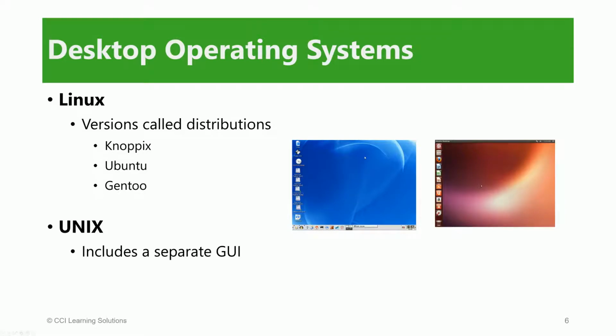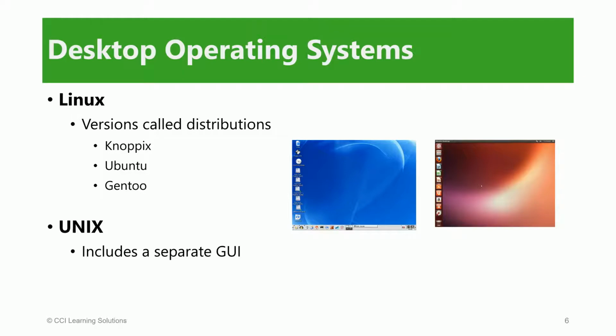Then we have our third most popular operating system, Linux. It has a variety of distributions, and that's what their versions are called. A couple of them are Knoppix, Ubuntu, and Gentoo. There are a lot more than that, but these are very popular ones for the average user.